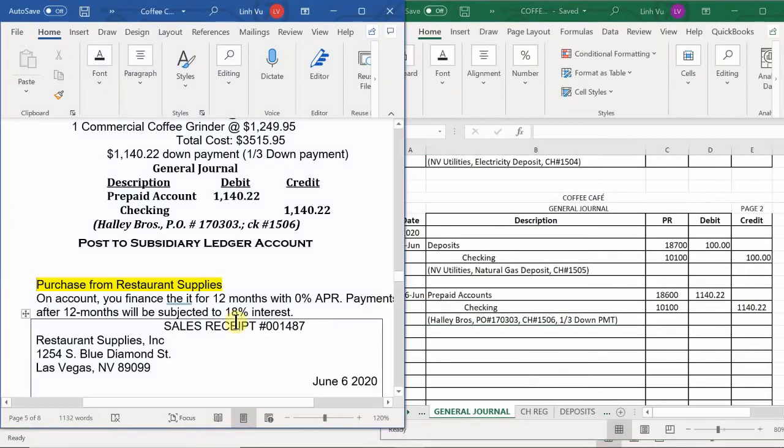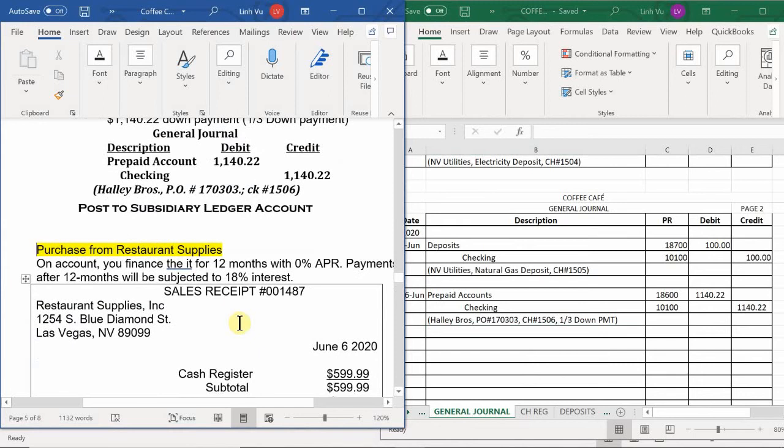Okay, so in this case, we purchased from restaurant supplies. We went to the store and purchased on an account. You financed a cash register for 12 months with 0 APR.